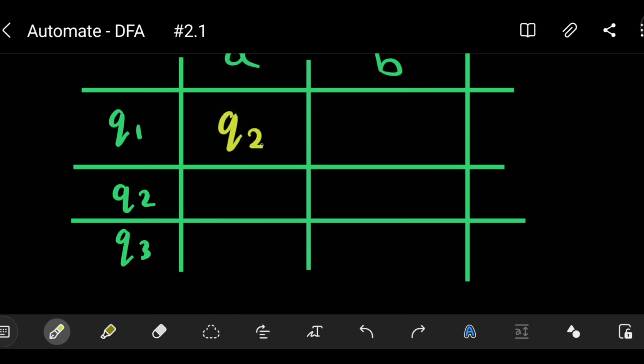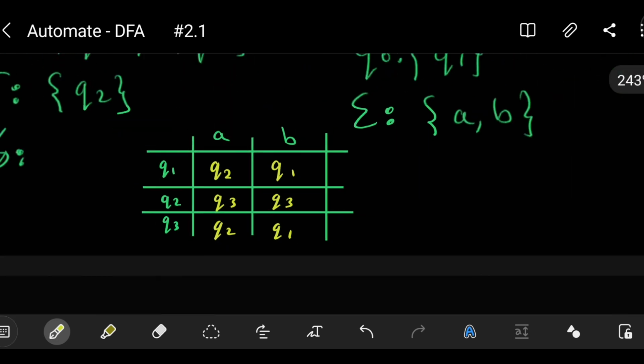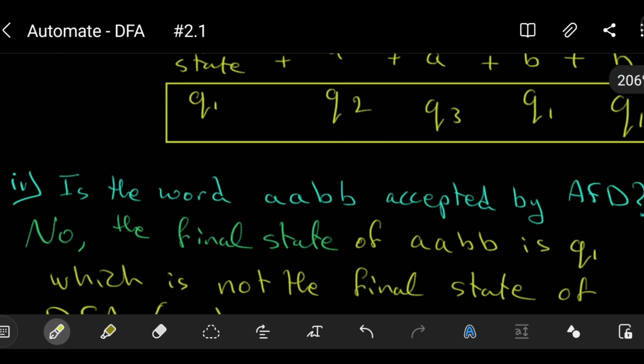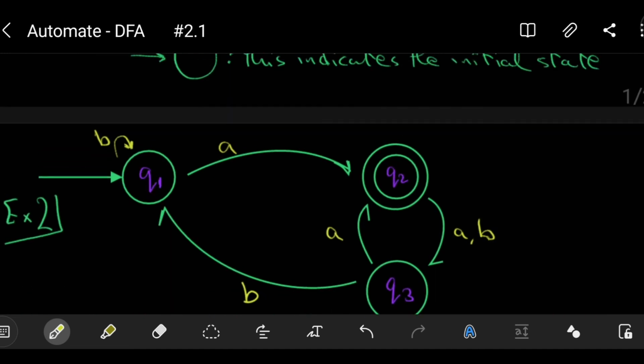Q1 with A gives us Q2. Q1 with B gives us Q1. Q2 with A gives us Q3. Q2 with B gives Q3. Q3 with A gives Q2. And Q3 with B gives us Q1.